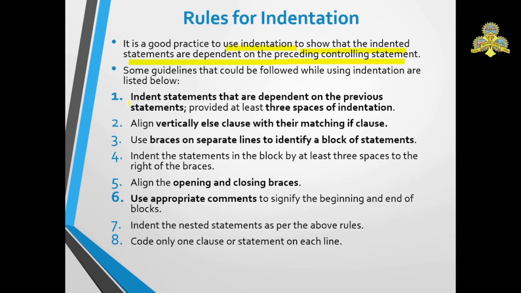They are: indent the statements that are dependent on the previous statements, providing at least three spaces of indentation. For example, if you are using nesting of if else statements, after writing the outermost if part, you have to provide at least three spaces of indentation for writing the innermost if part.